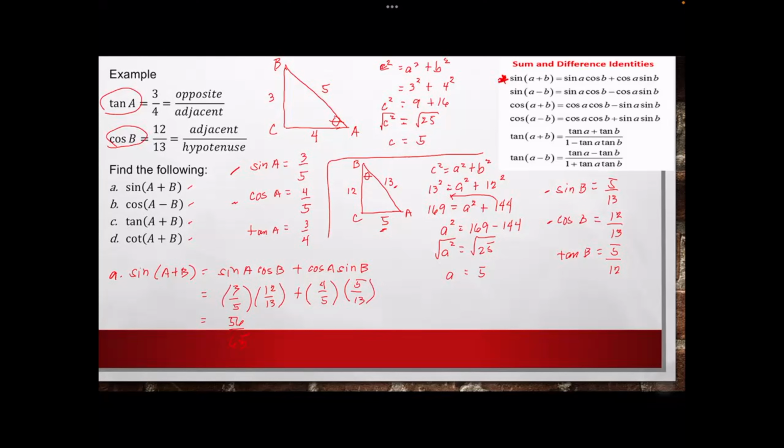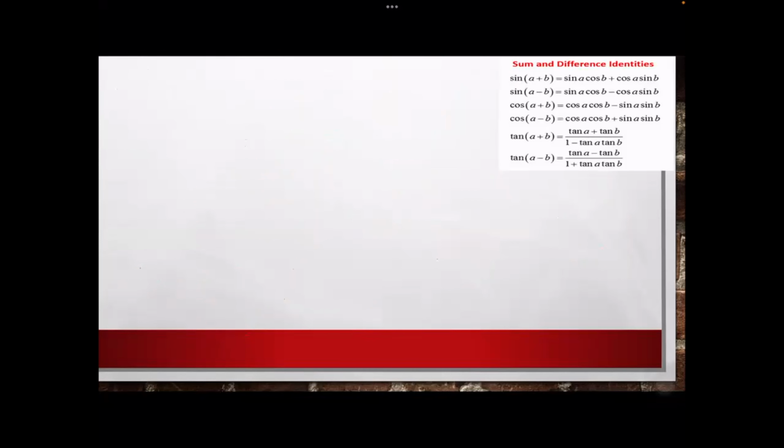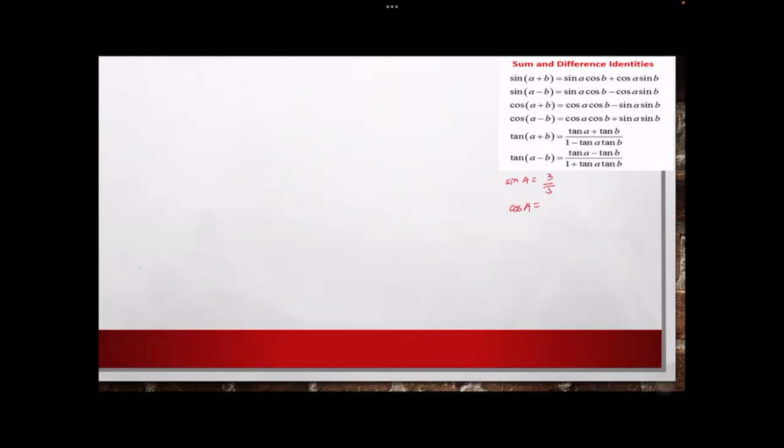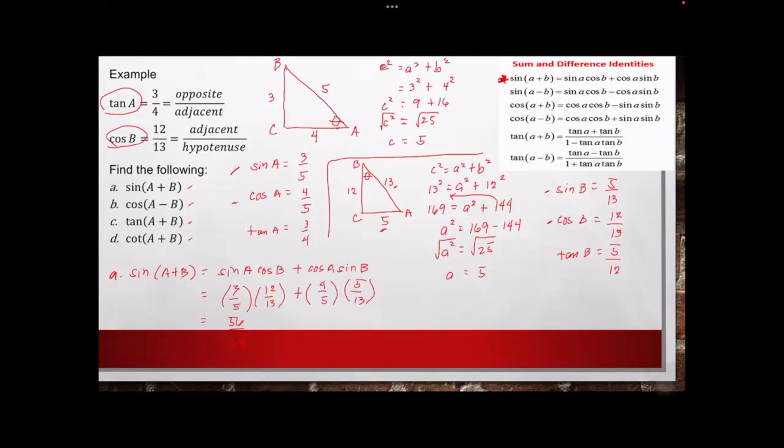Okay, so kopyahin lang natin itong sin A, cosine A, and tan A. Sin A is 3 over 5. Cosine A is 4 over 5. Tan A is equal to 3 over 4.